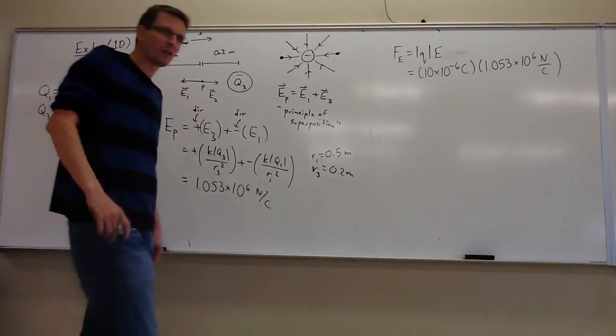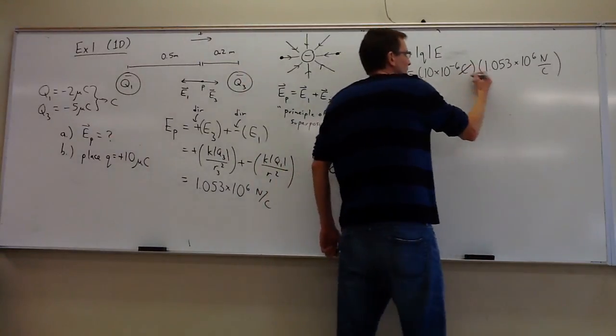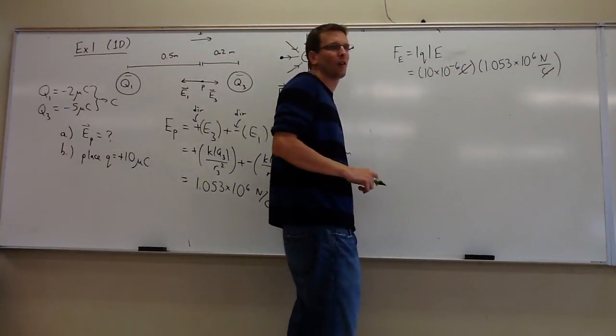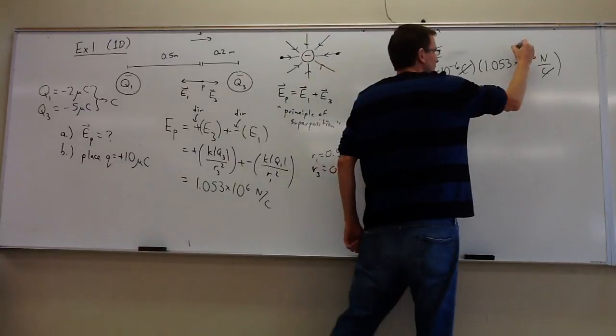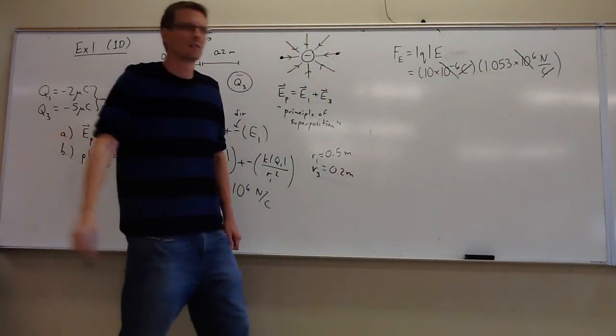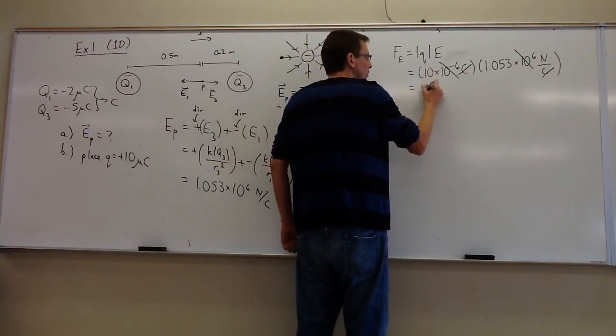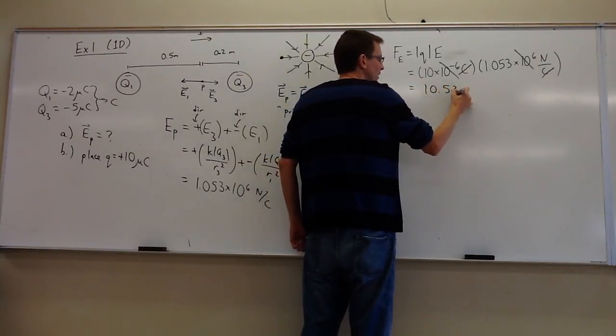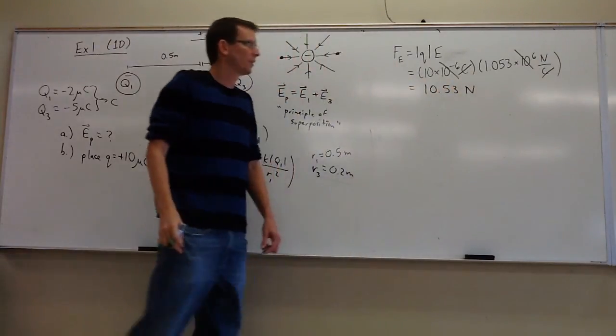It's like what we were doing earlier. The coulombs cancel. Also notice that the 10 to the 6th goes away with the 10 to the minus 6th. And we get a very reasonable 10.53 newtons of force that will be felt.